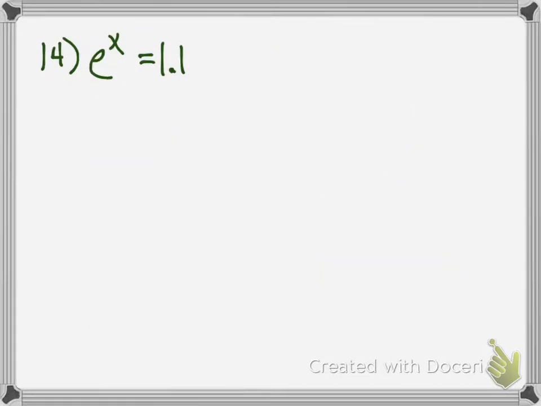Okay, so problems like 14, 15, and 16 where you're trying to solve, you're trying to get the e all by itself. If the e is all by itself, then you can put a natural log next to it to get rid of it. But that means you're putting it on both sides. So on number 14, I can see e to the x is all by itself. So I can say natural log of e to the x is equal to the natural log of 1.1.